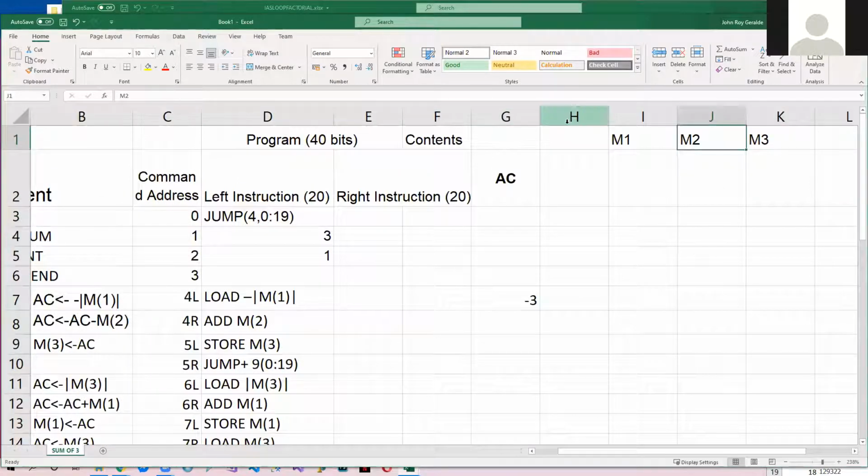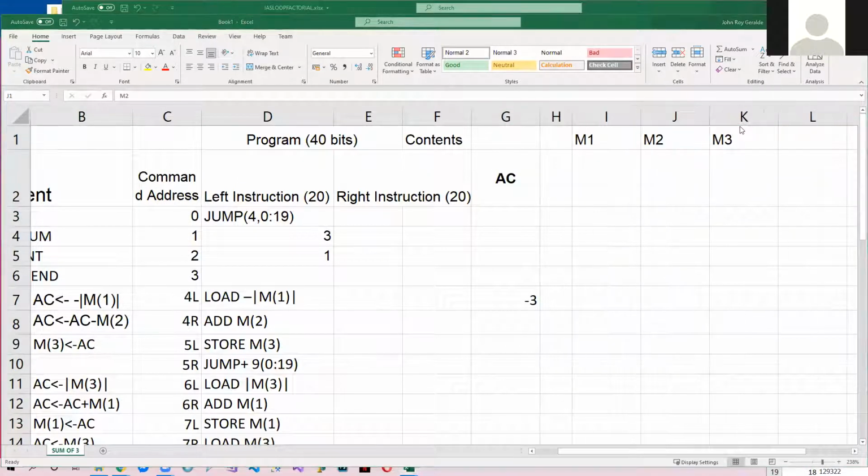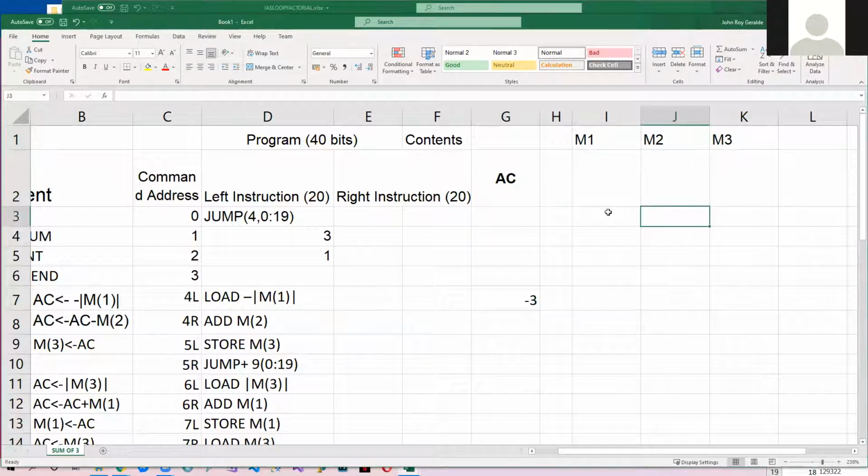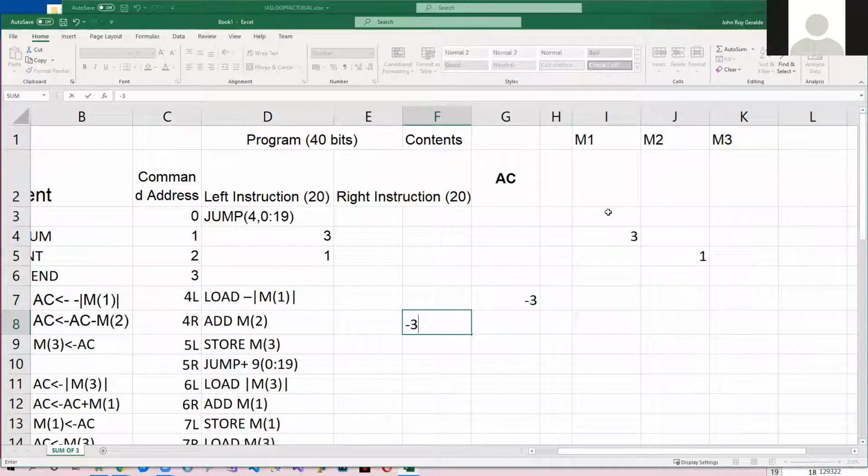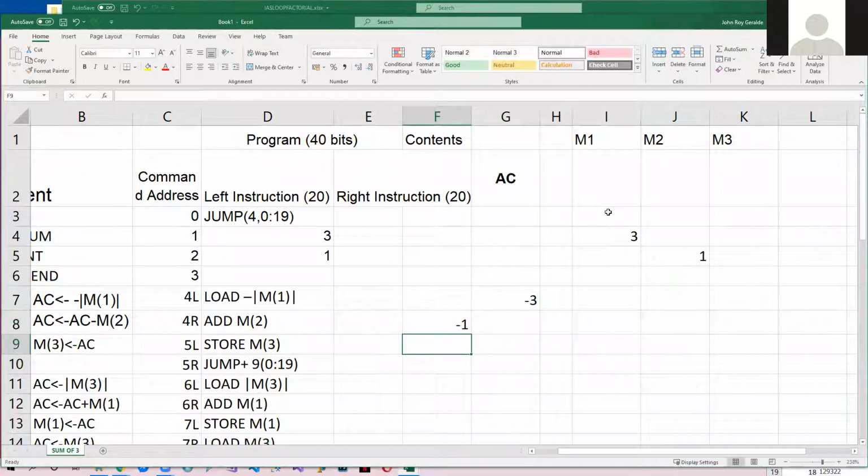So M1 is currently 3. The M2 is 1. Add M2. So the actual content will be negative 3 plus 1, first 3 numbers only, let us not be confused.